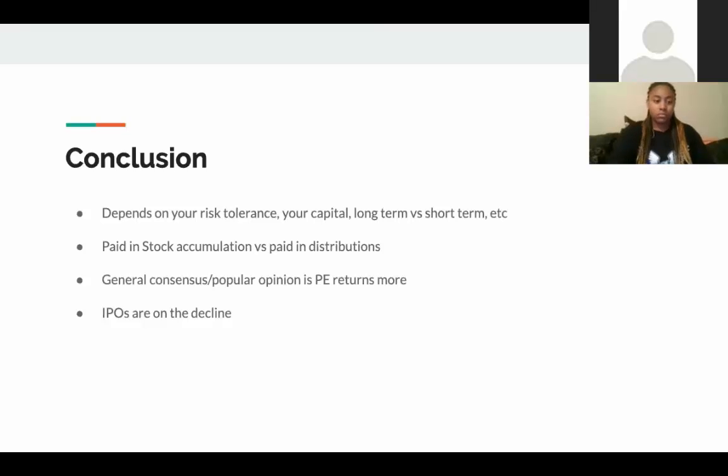And also, IPOs are on the decline, and this worries a lot of people. Although it got a little bit better after the dot-com bubble, we look at today's market and it is very manipulated. You can see that the S&P 500 has lost its momentum since bouncing up from the initial crash, and there haven't been a lot of IPOs in general since then.